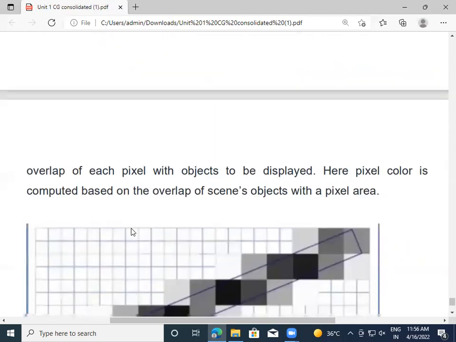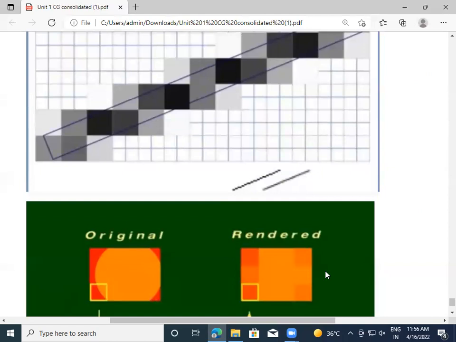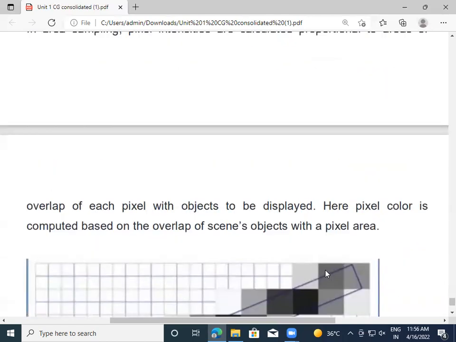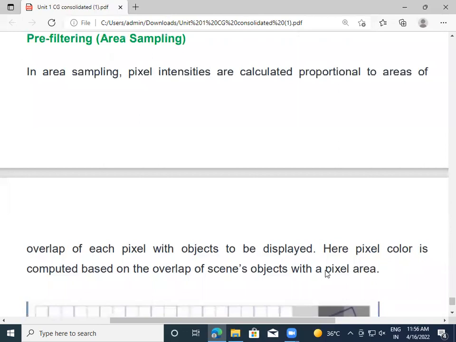So what is happening if you keep the same size, or sorry, the same color of the boundary as the color of the pixels?